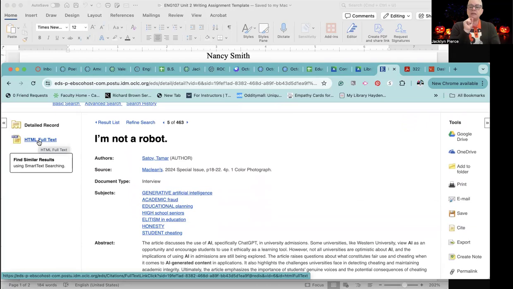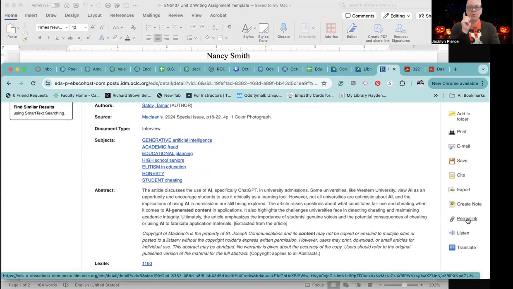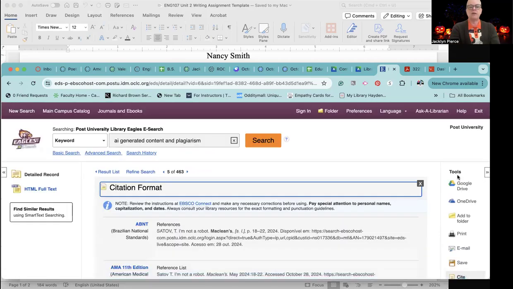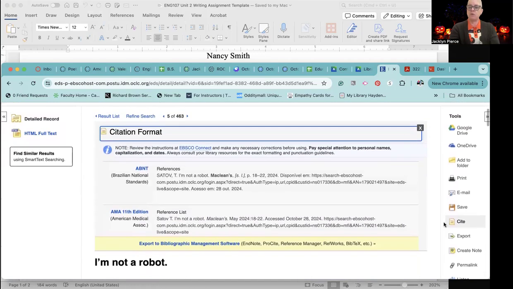Now, you need to give us a link to it and or an official APA citation. So let me show you where you find those in the library materials. See this link that says permalink? That's the one that you would want to share if you just want to share the link. But you also have the ability to use a real APA citation. And we are going to be using those for most of our assignments.